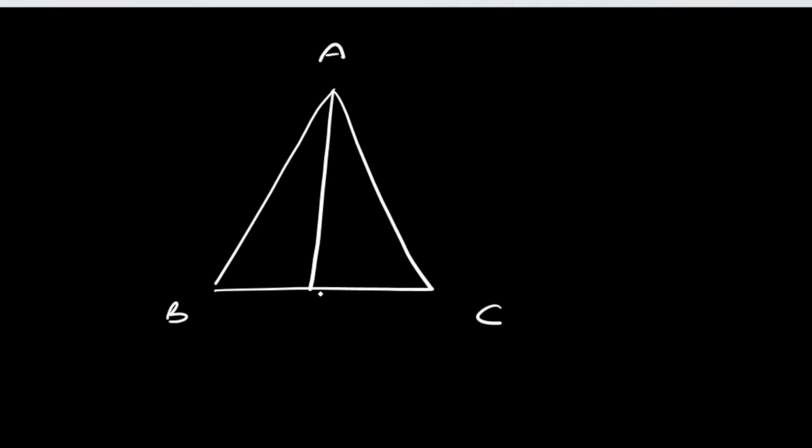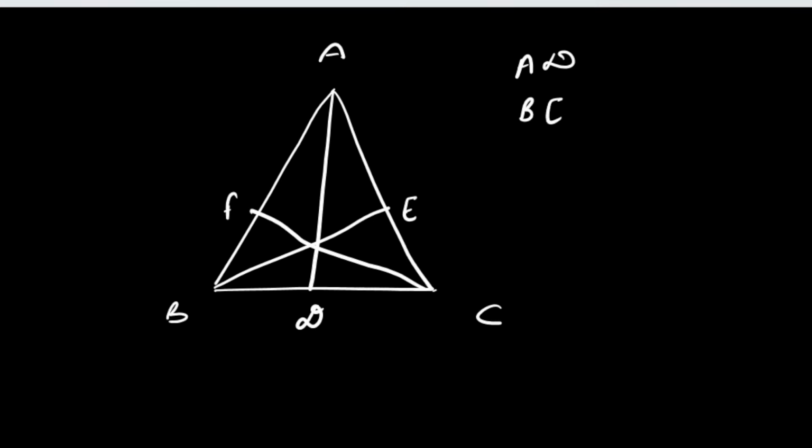So suppose we have, in a triangle, 3 medians. So medians are AD, BE and CF.